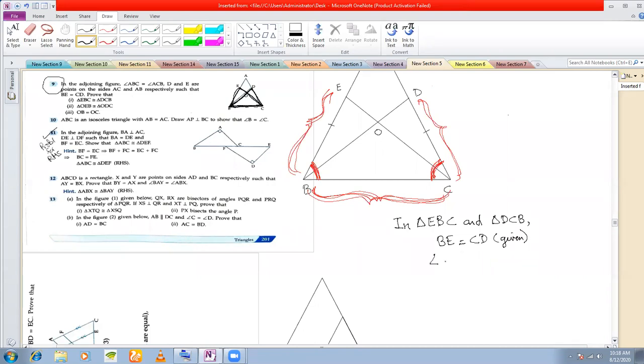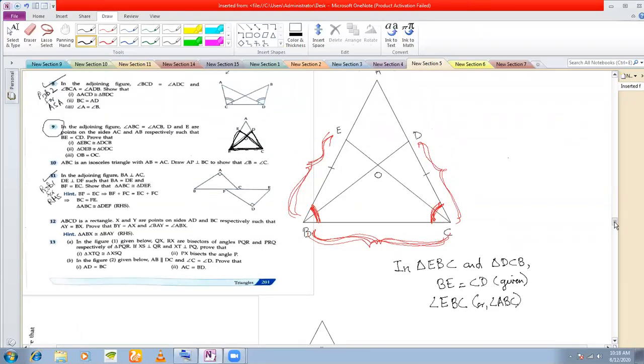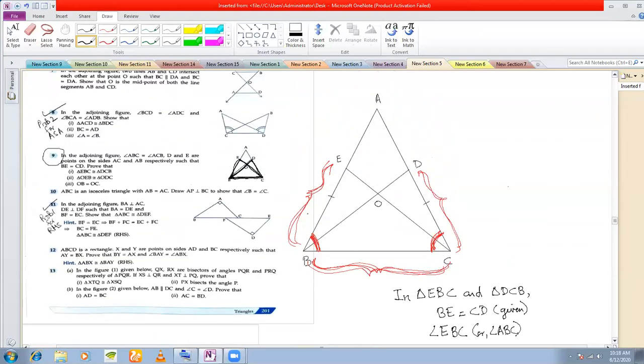Angle EBC, which is also given to you as angle ABC, written as angle ABC because see this angle, you can either write angle EBC or you can write angle ABC.